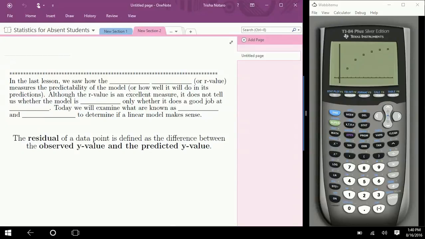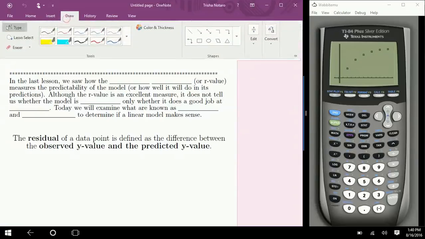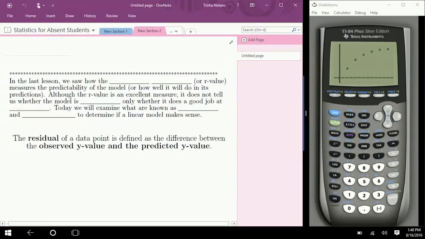In the last lesson, we saw how the correlation coefficient measures the predictability of the model, or how well it will do in its predictions. It's also known as the R value. And although the R value is an excellent measure, it does not tell us whether the model is appropriate.